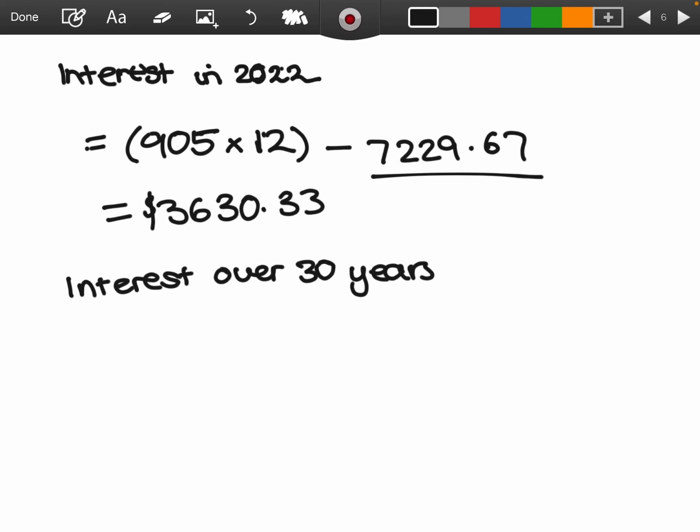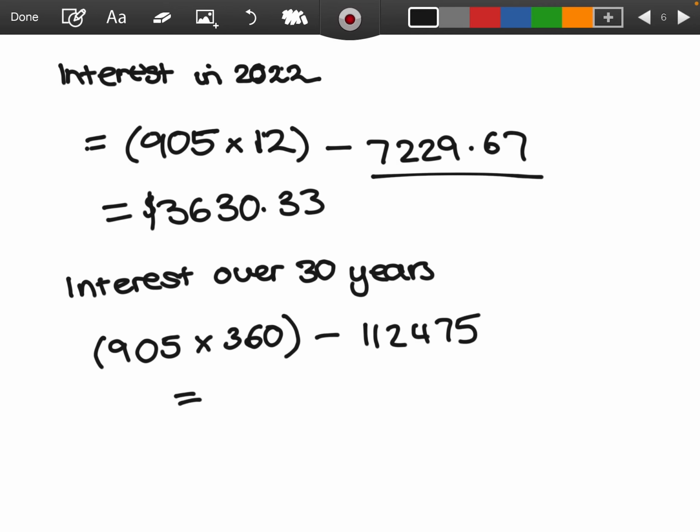So the $905 multiplied by 12 multiplied by 30, so it would be the $905 360 times, and then we're going to subtract what the principal amount of the loan was. So how much did you actually take out at the start? So it would be 905 multiplied by 360, that's how much you actually paid, minus how much you actually took out for the loan at the very start.